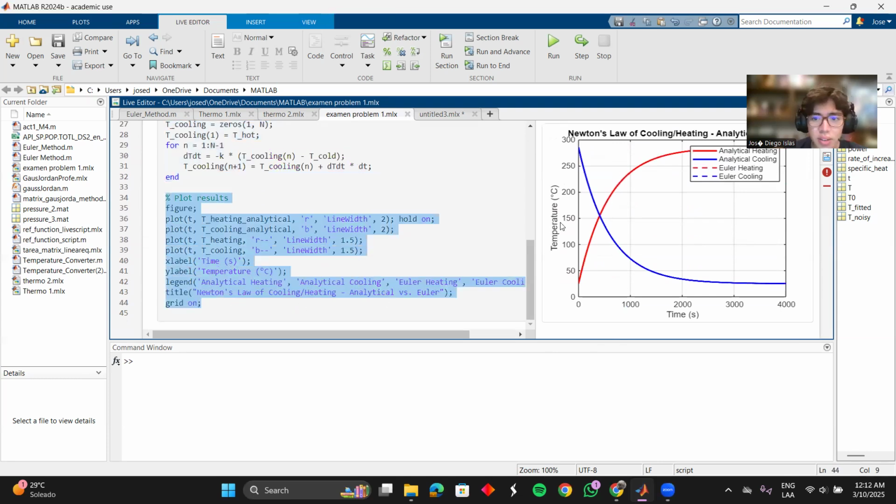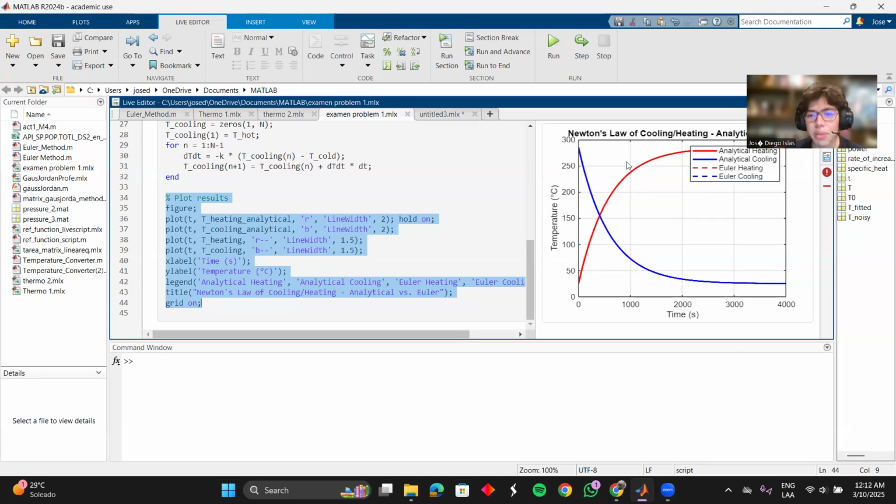We make the names for all of the things. So what we can see is that this is the part of the cooling because it starts at 250 something degrees, which was after we took the thing from the oven, and it's cooling down, which is this.